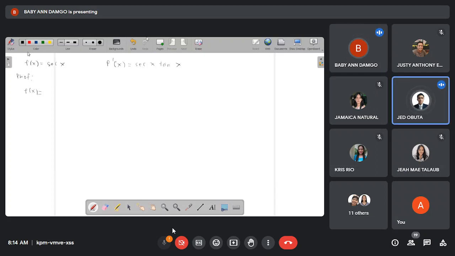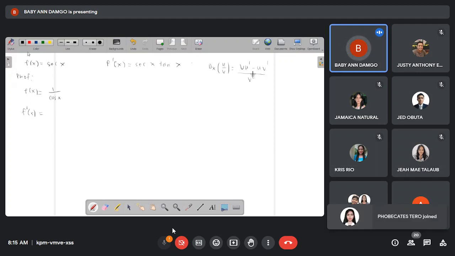1 over cosine x. So this is 1 over cosine x, and we will apply the quotient rule. The derivative of u over v is equal to v u prime minus u v prime all over v squared.